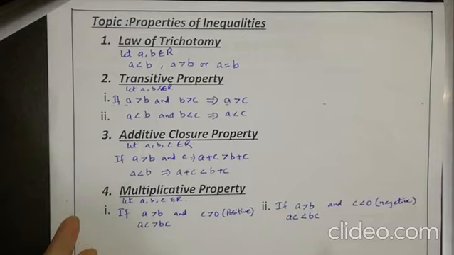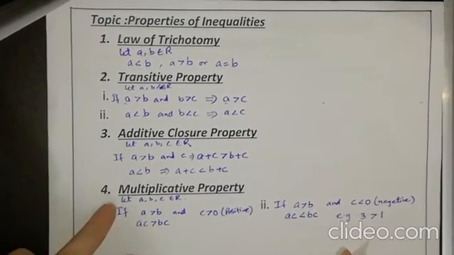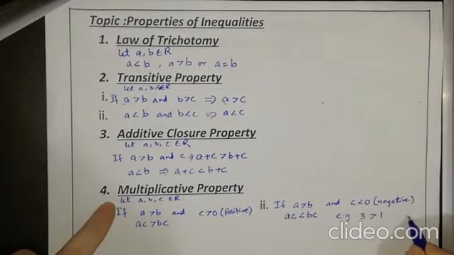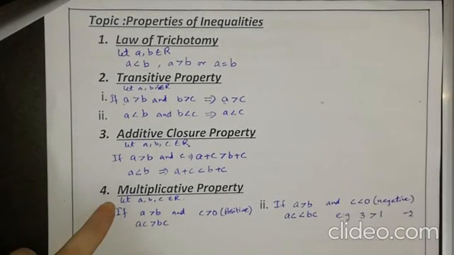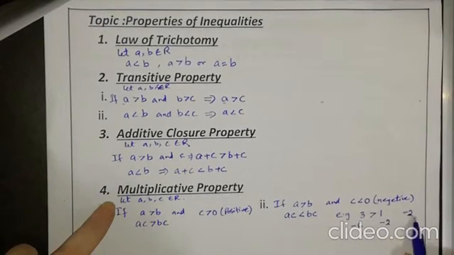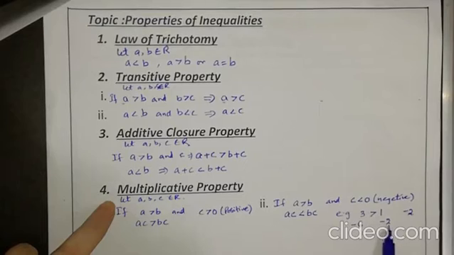Why has this happened? For example, 3 is greater than 1. If you multiply by -2, you get -6 and -2.